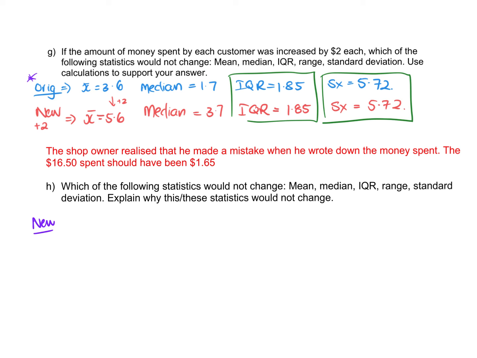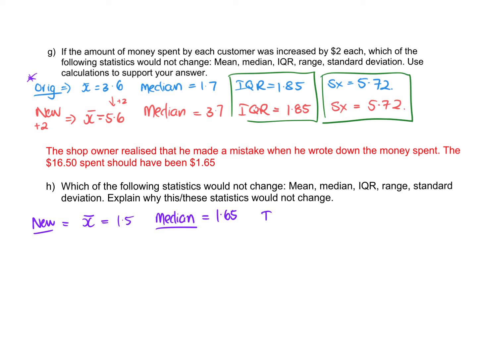So the new stats would be that the mean now becomes 1.5. That's going to change for sure, because $16.50, now $1.65, we knew that would change. The median, well, that will depend on where it fell in. Now, because it fell in below the next value, it will change the median. So the median now is $1.65.